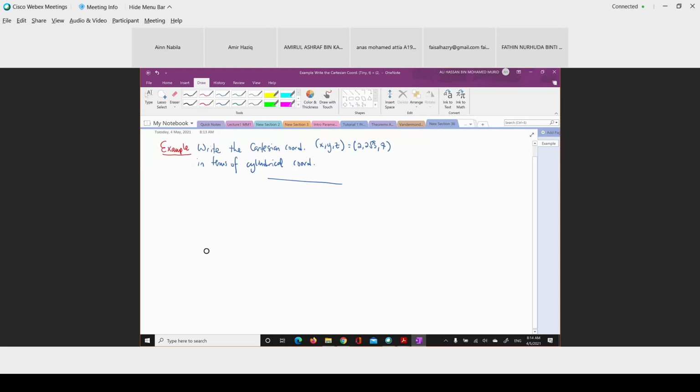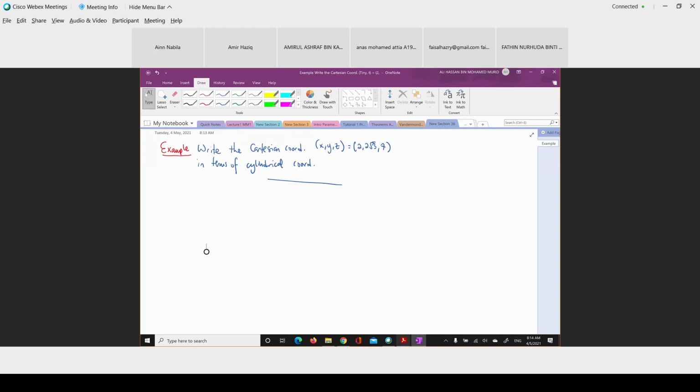So we have a point P in terms of Cartesian coordinates x, y, z. What is the point in terms of cylindrical coordinates? That means we need to find r, theta, and z. So use the previous relationship.